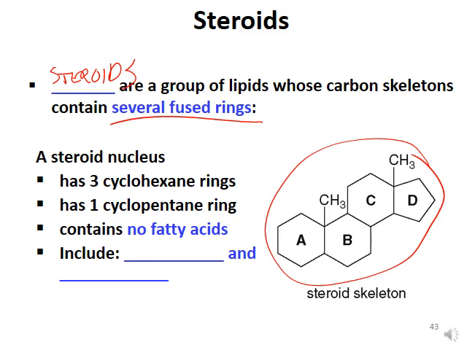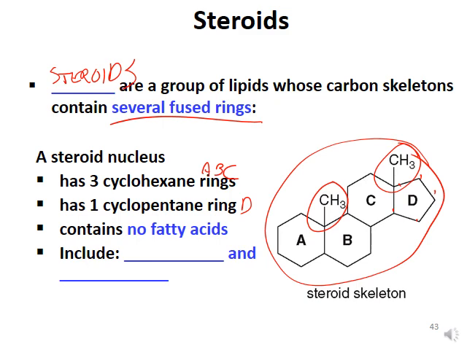It has 3 cyclohexane rings, A, B, and C, and 1 cyclopentane ring, 1, 2, 3, 4, 5, which is D, with no fatty acids at all. It's got those 2 methyls hanging off right there and right there.